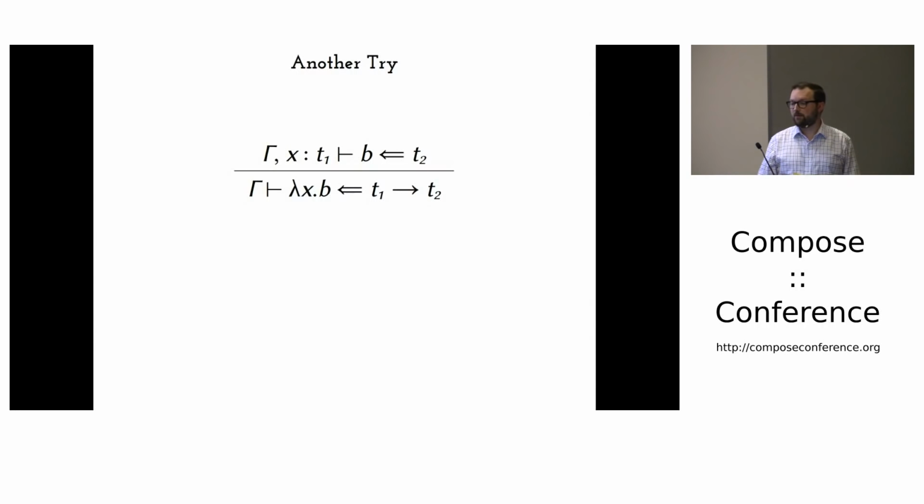So in other words, the types are coming in from the outside toward the program, so I'm going to represent this type checking with a leftward-facing double arrow instead of a colon. So lambda x.b can be checked to have the type t1 arrow t2 when we can check that b is a t2 under all the assumptions we had before and the additional assumption that x is a t1.